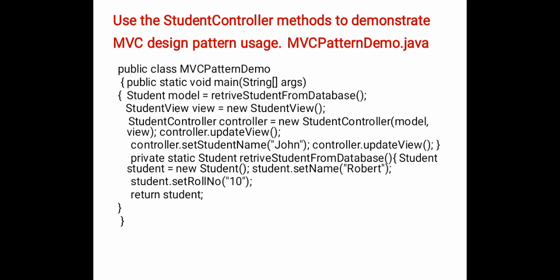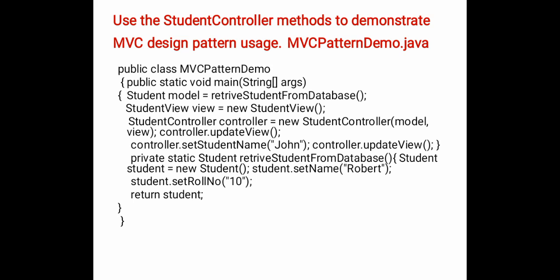Then with the help of the controller object we are calling the set student name method with John as parameter. Then the controller dot update view method is called. Then in this private section the static method retrieve student from database is called. In this method we have created the object student, and with the help of this object we are calling the set name method and assigning it Robert for updating the data, and set roll number as 10, and then we are returning student.